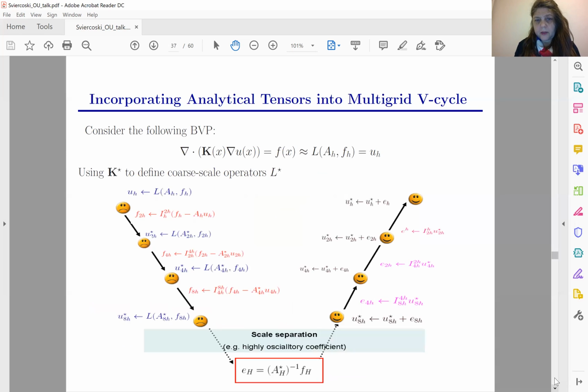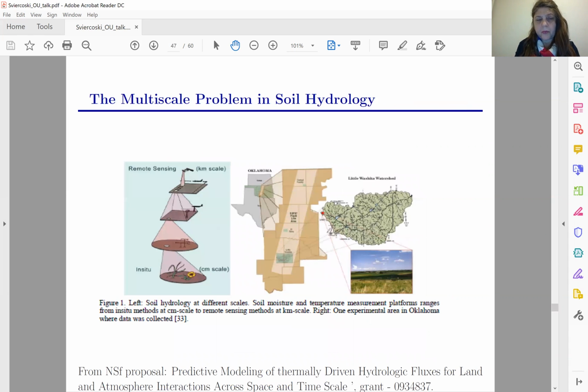There is a lot of work that I've done using multigrid and numerical analysis. But what I want to show here is how this multiscale approach is applied in soil hydrology. This is the result of an NSF project that we did.